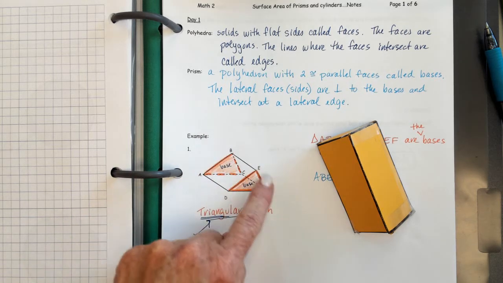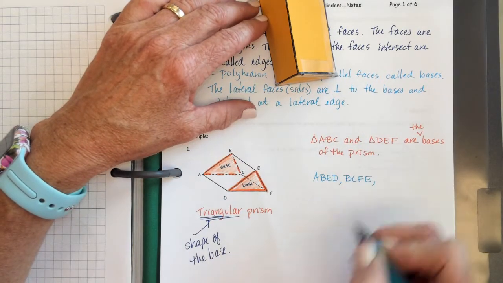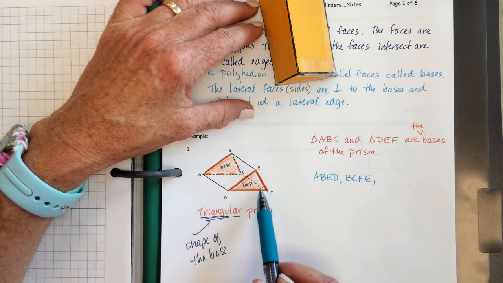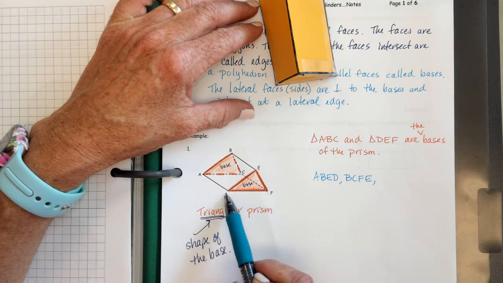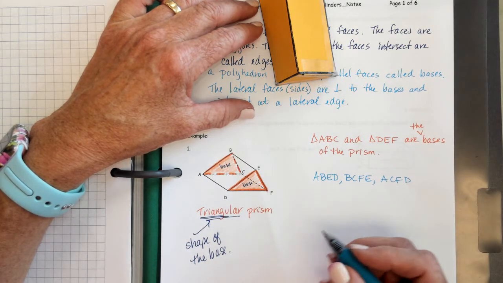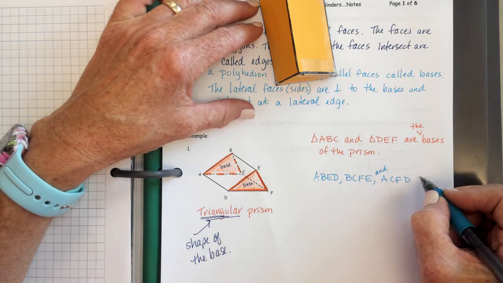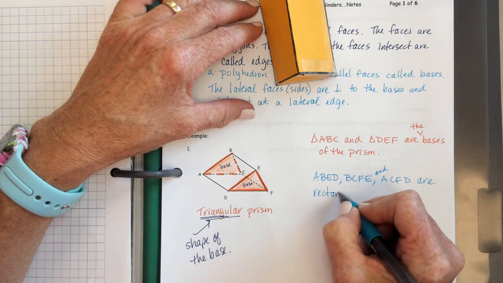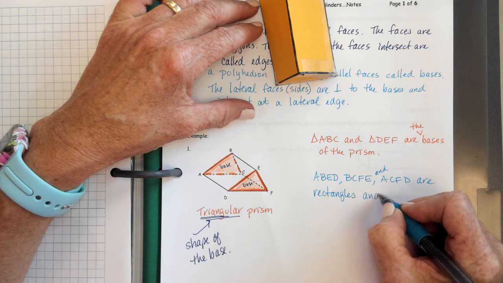So B, C, F, E. And then the last lateral face is where this prism is actually sitting on, and that is A, C, F, D. Let's see, and these are rectangles, and they are the lateral faces.